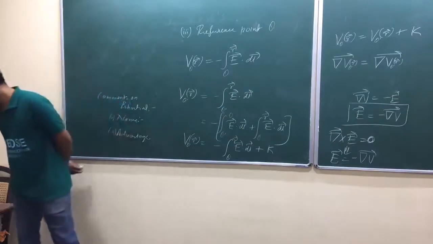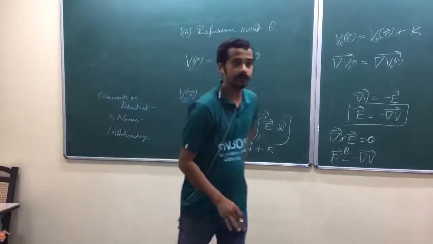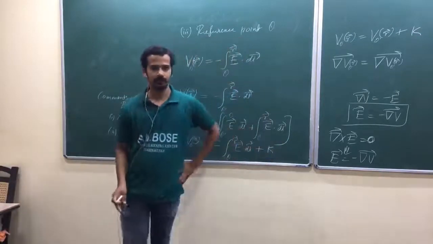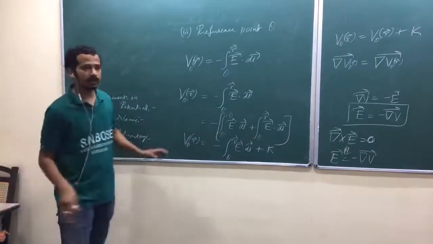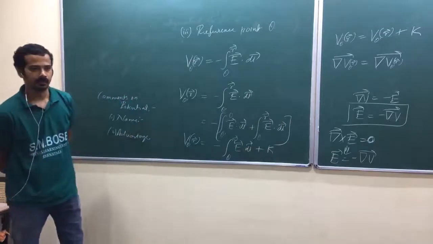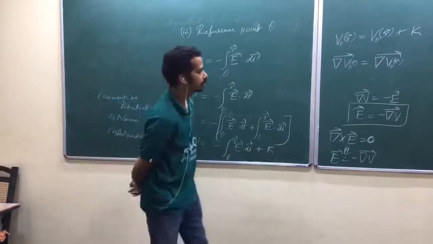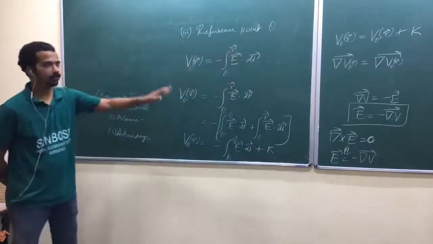So if ultimately you are finding the electric field, no need to worry. But still, later we are going to convert the entire electrostatics to the potential formalism, so it's not a good idea to choose different reference points or to leave that ambiguity.